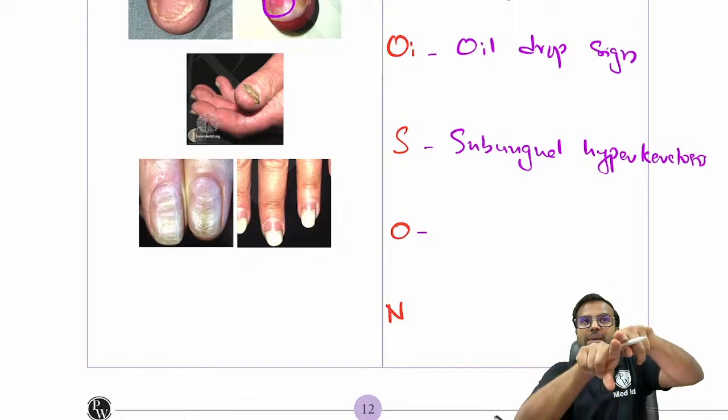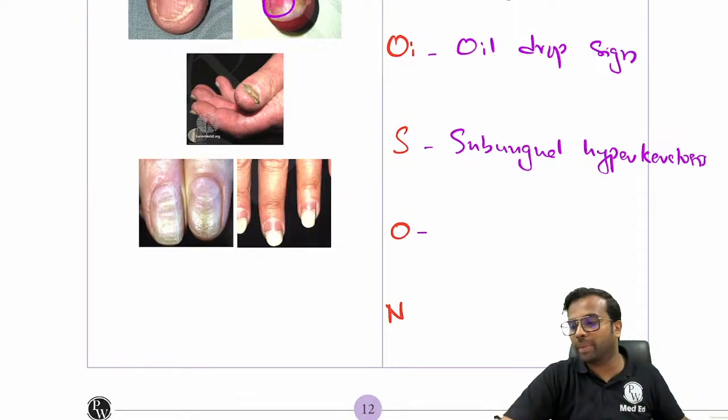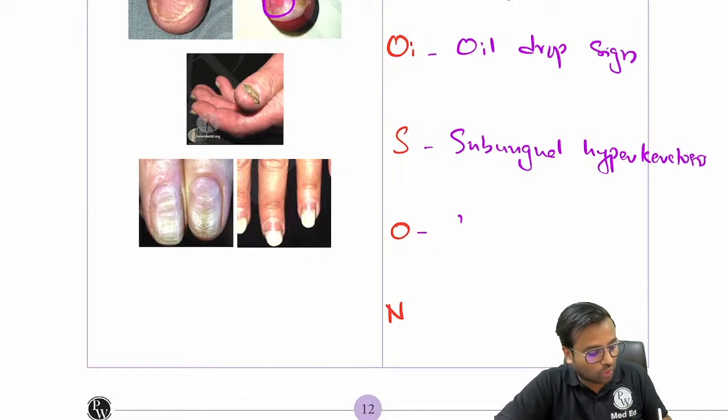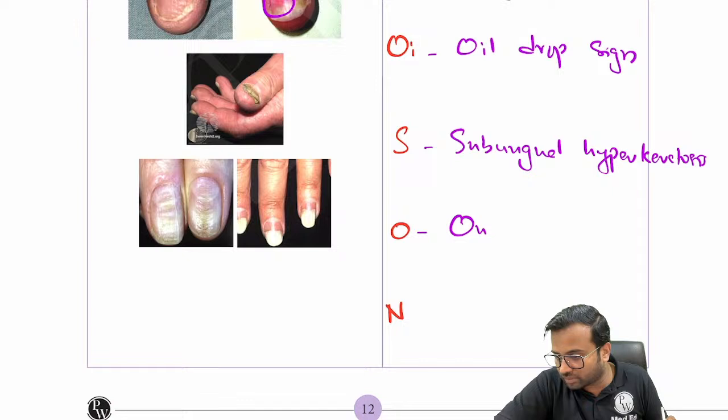O means there is a separation of the nail from the nail bed, especially in the distal part. What is that called? Sagufta, Shaikh, Rishabh, Mondal, Soya, all of you are right. So this one is called onycholysis.